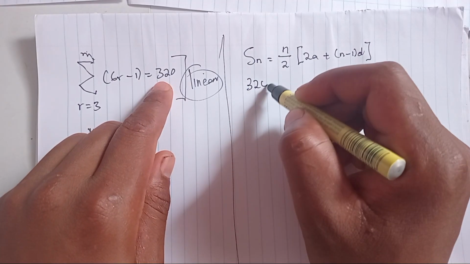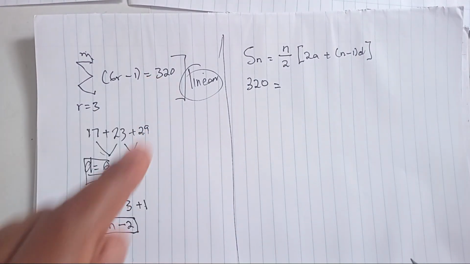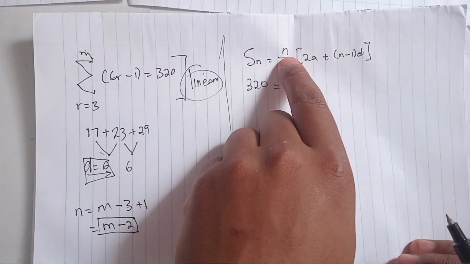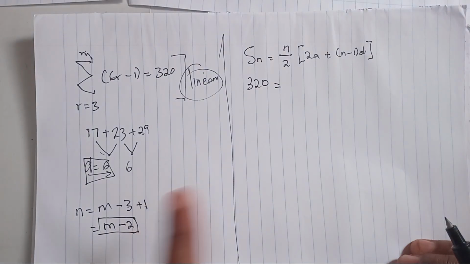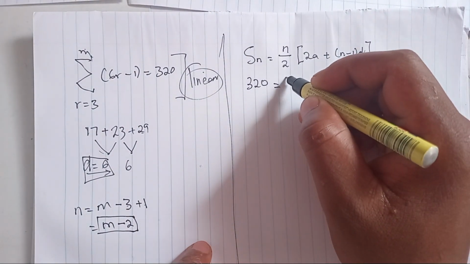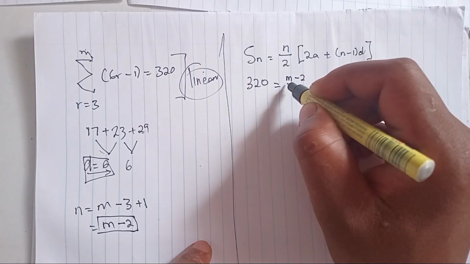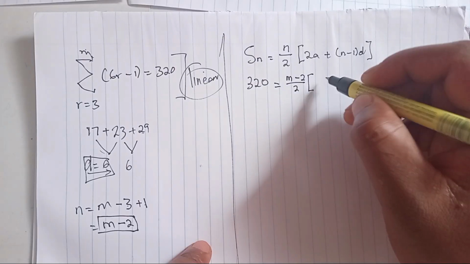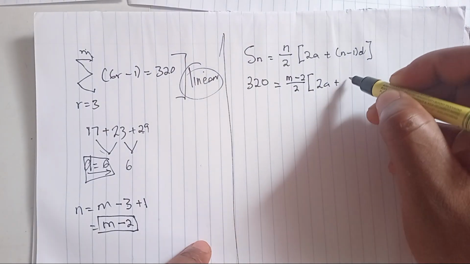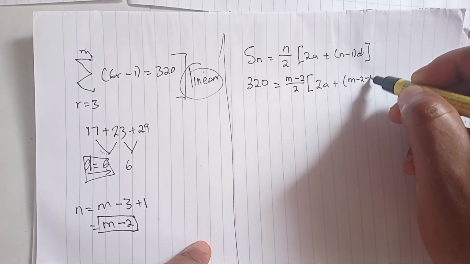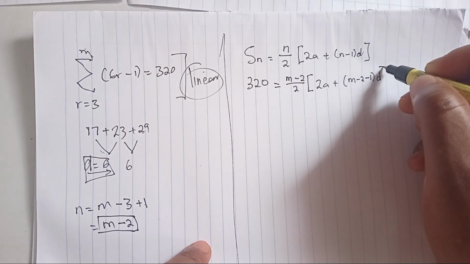You can find n first and then substitute here, or you can just work it out here. But let's work it out here. What will be n? n is going to be m minus 2 over 2, and then multiply by 2a plus m minus 2 minus 1, and then we have d like this.